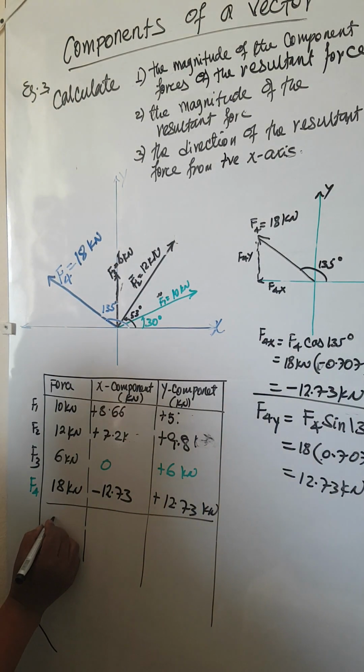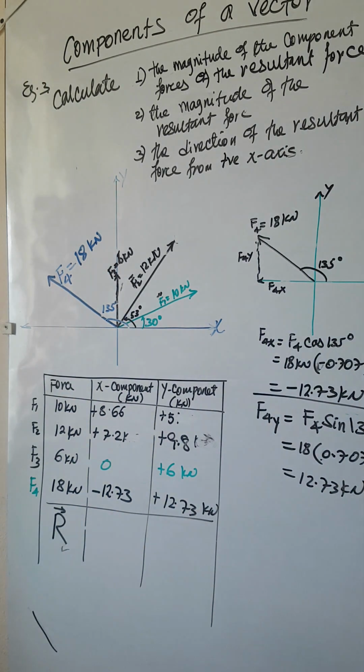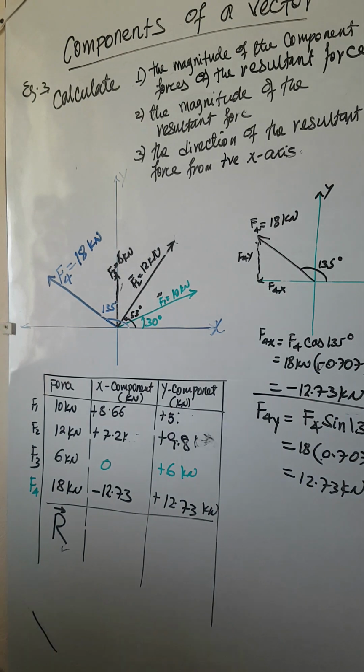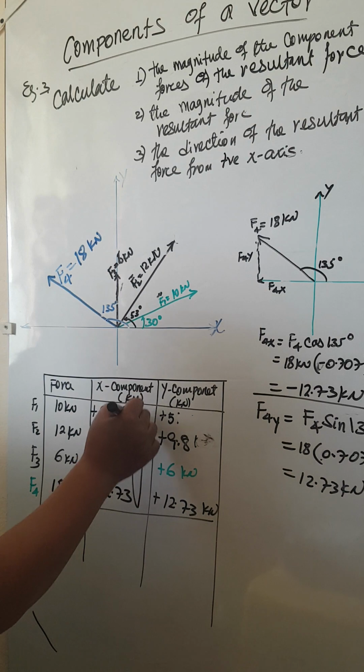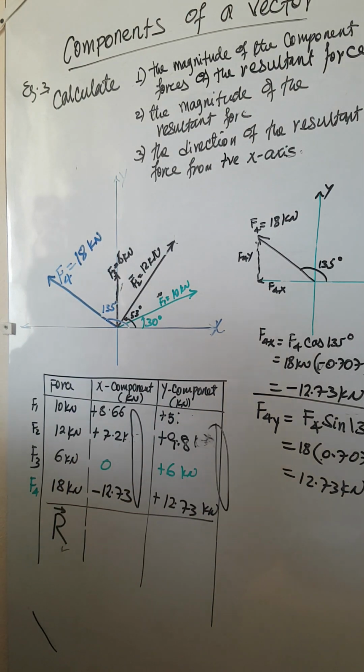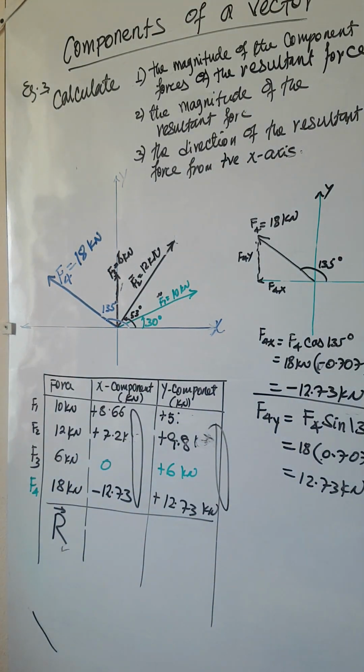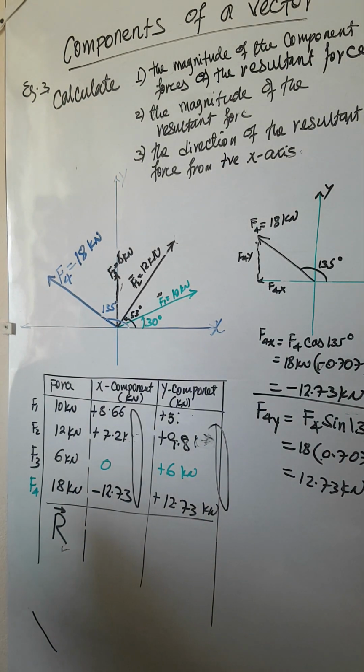Now here we have the resultant vector. The components of the resultant are the sum of the x's and the sum of the y's in this table. So the first is 8.66 plus 7.2 minus 12.73.